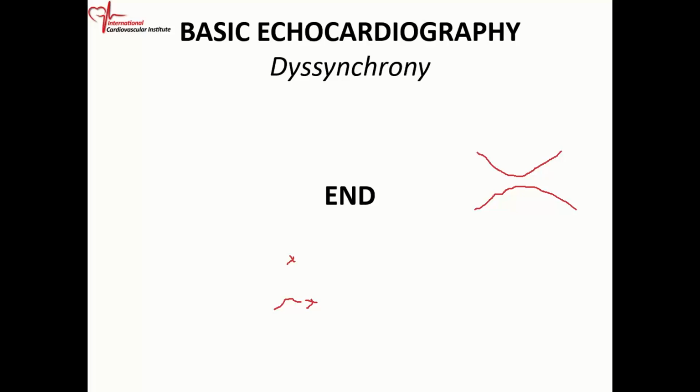As a matter of fact, there are some studies that show that there's improvement in mortality in these patients, especially if they have an ICD, a defibrillator, in place. So that is dyssynchrony in a nutshell. You can read up some more about it.